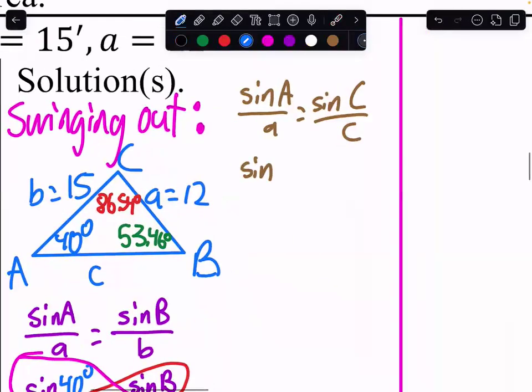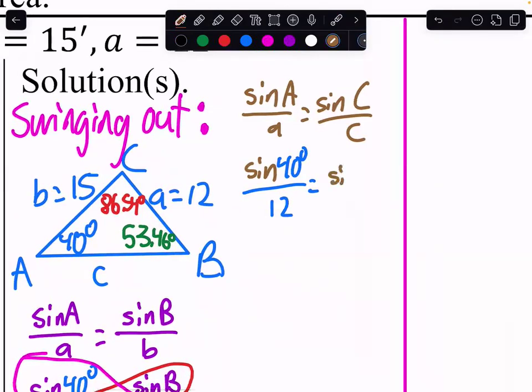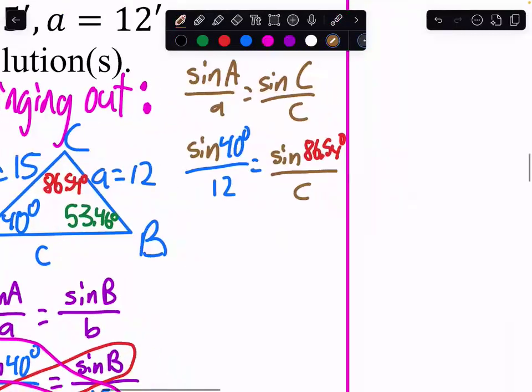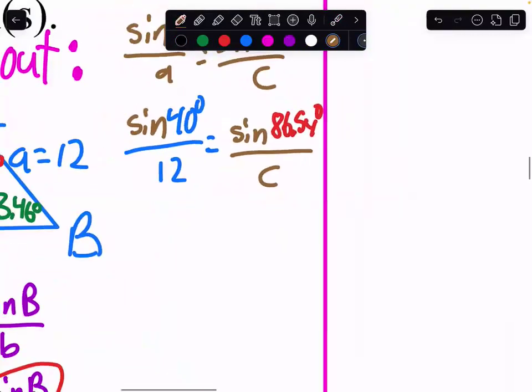Angle A was 40 degrees, lowercase a was 12. We do know capital C is 86.54 degrees, and we don't know lowercase c. That's our variable.